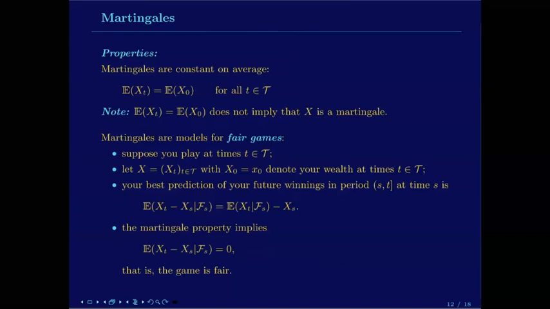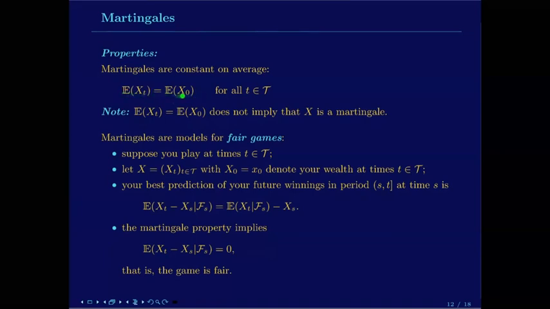And if we think about x_0 as the starting value, provided no information at all, so the trivial sigma algebra, then the expectation of x_t given this trivial sigma algebra equals the expectation of x_0.